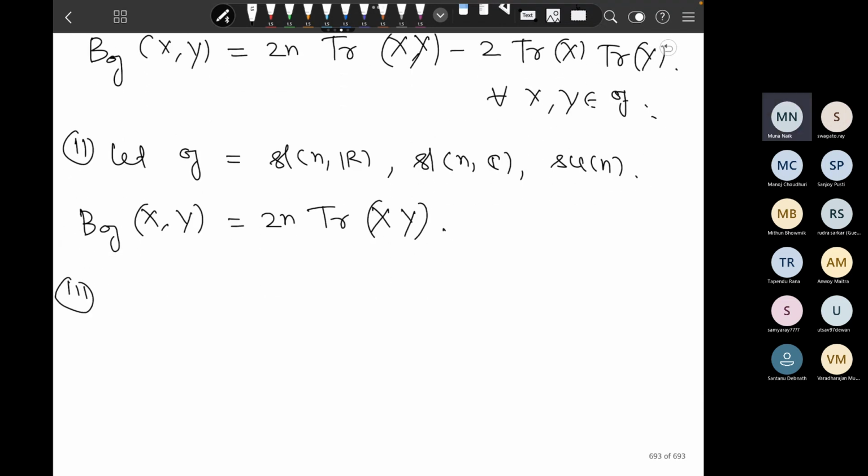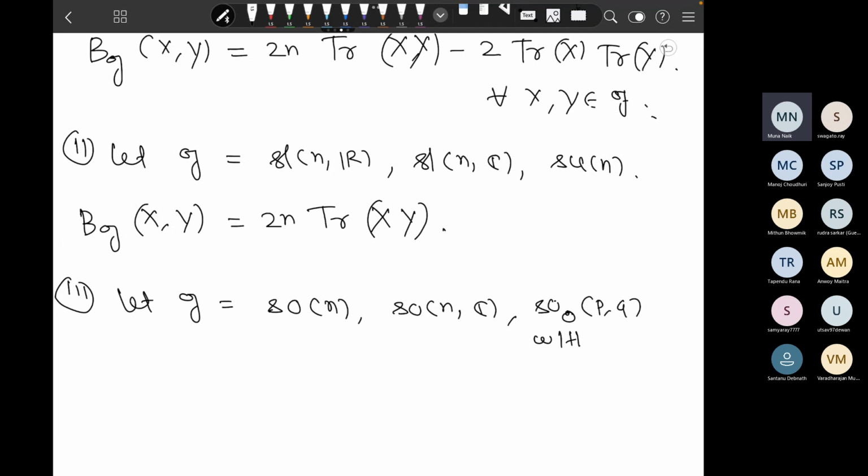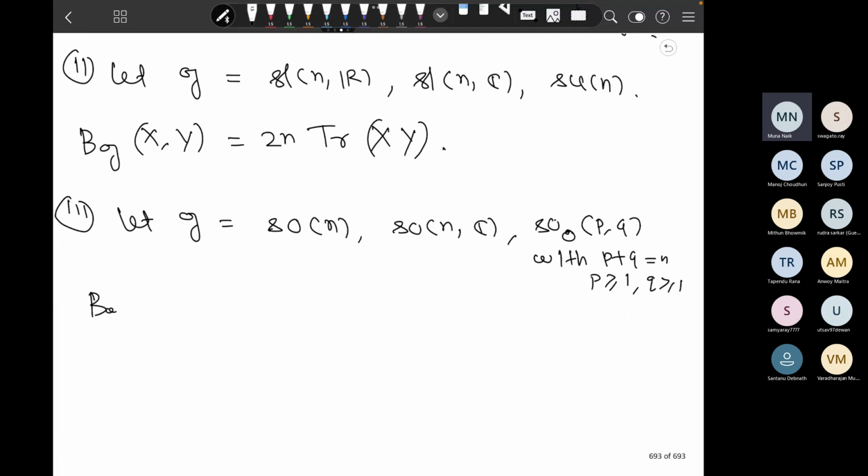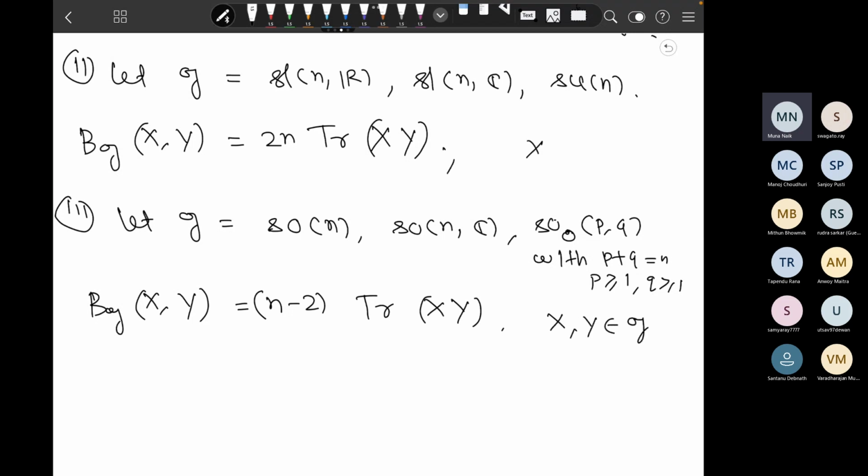Third thing: let G be SON or SONC or SO(p,q) with p plus q equal to n, p greater than or equal to 1, q greater than or equal to 1. Then B_G(X,Y) is equal to (n minus 2) times trace of XY, where X, Y belong to G.